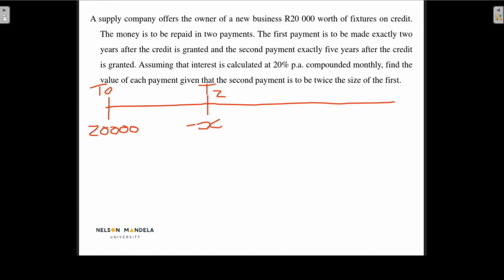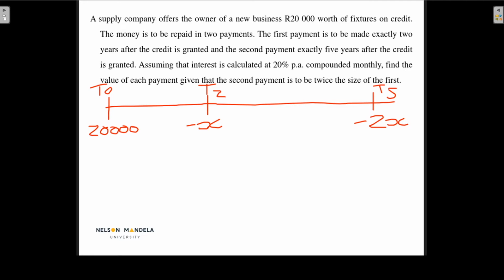And because it's a payment, I'm going to make that a negative. And then at time t5, there's a further payment, and that payment must be twice the size of the first one. Therefore, that payment is 2x, and it's negative because it is an outflow. And we would like to solve for x.